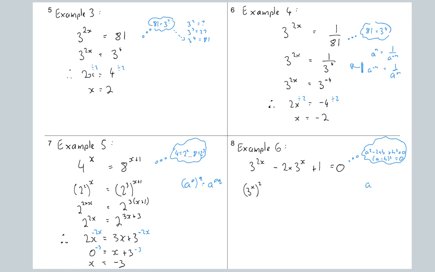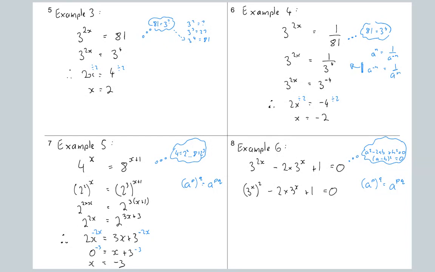And the power of power rule says a to the power of p to the power of q is equal to a to the power of p times q. So here we have 2 times x. So all I've done is I've put an x inside a bracket there and then left the 2 outside. So if you go that way, you'll see x times 2 is 2x. I'll write the rest of it in the right color. Minus 2 times 3 to the x plus 1 is equal to 0.